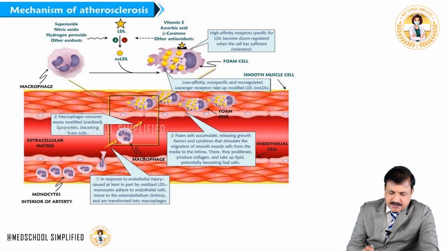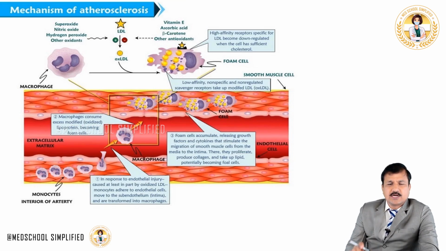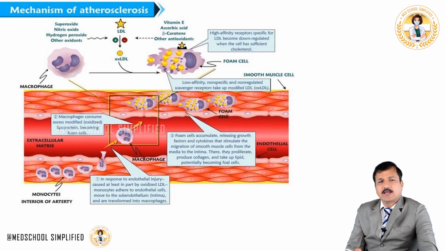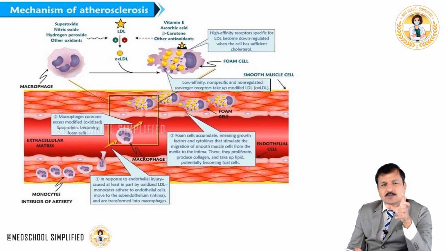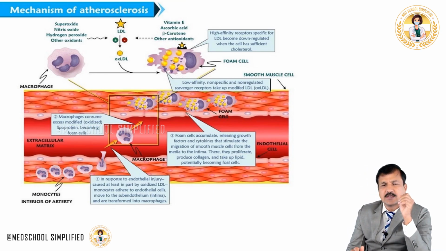So as it gains access into the subintimal space, these oxidized LDLs will be followed by neutrophils, monocytes and macrophages. As neutrophils, monocytes and macrophages gain access into the subintimal space, they are trying to engulf these oxidized LDLs that are present there.